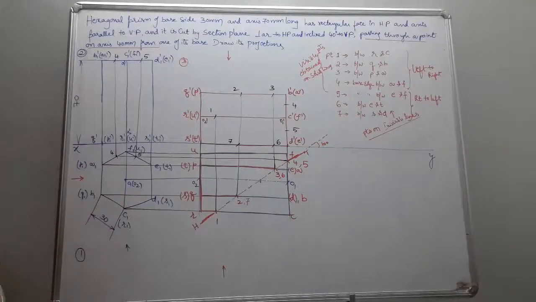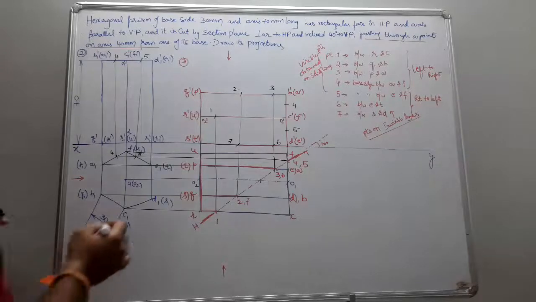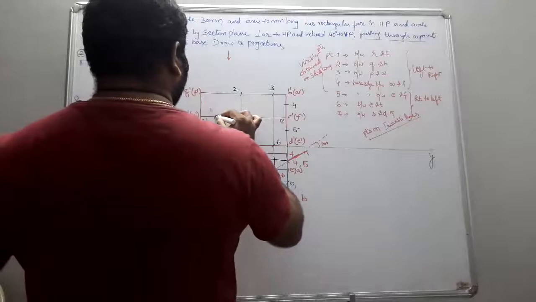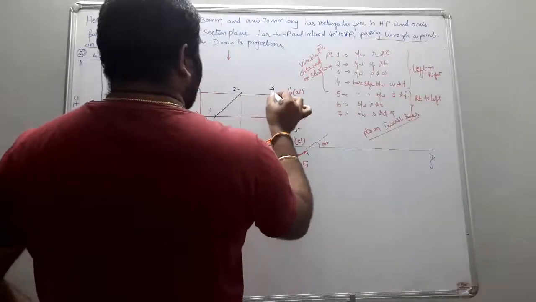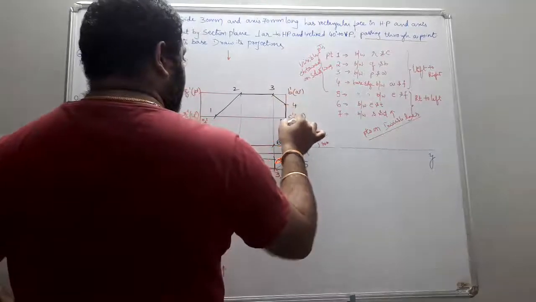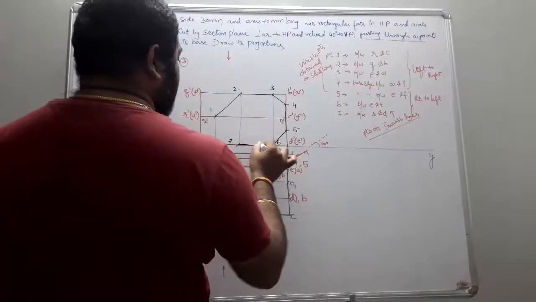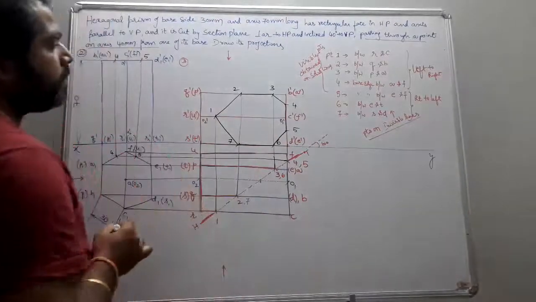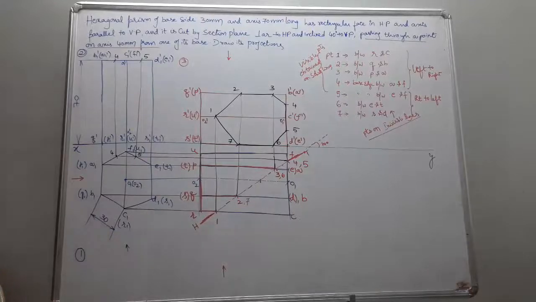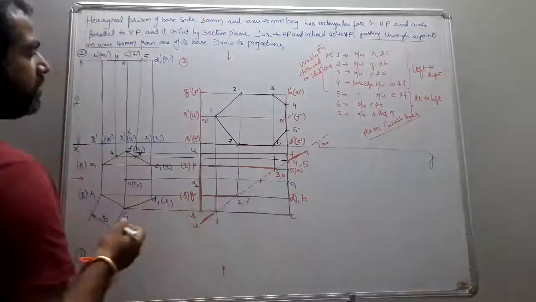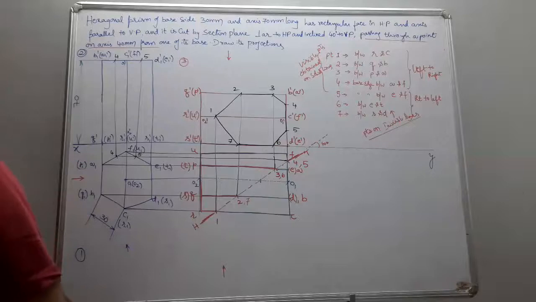Now join all the points. Okay, students, once you join all the points, that was the retained portion, and the remaining is to be removed.